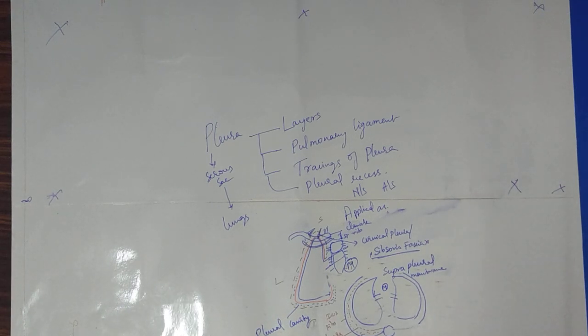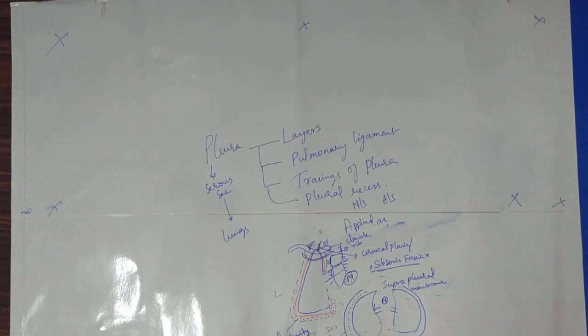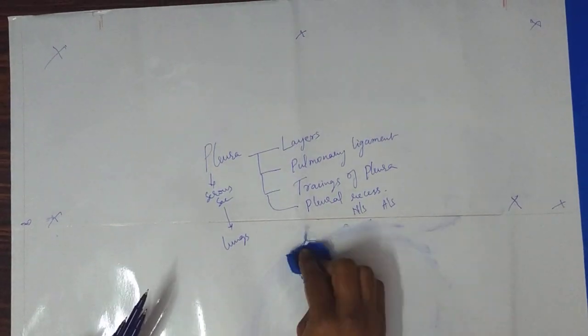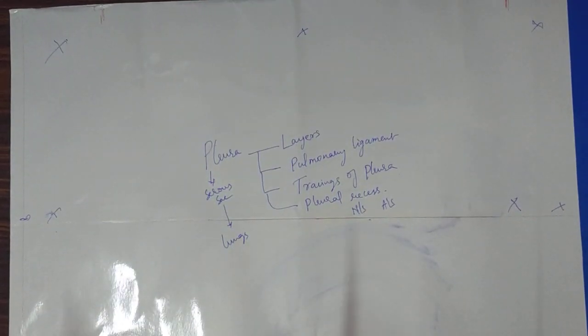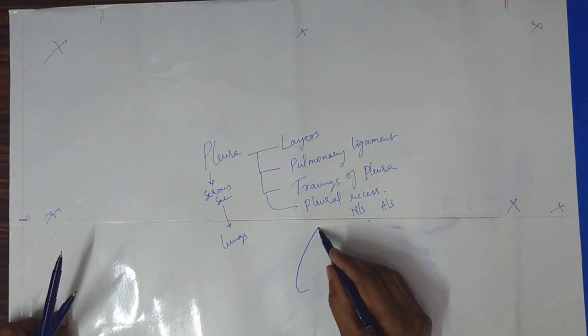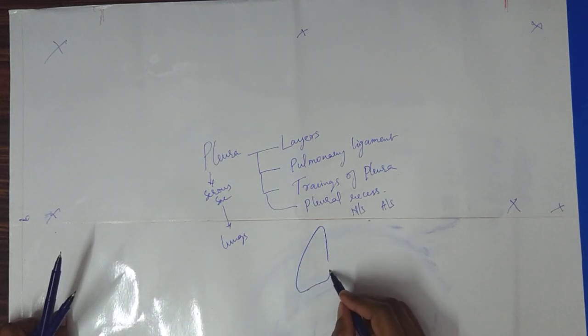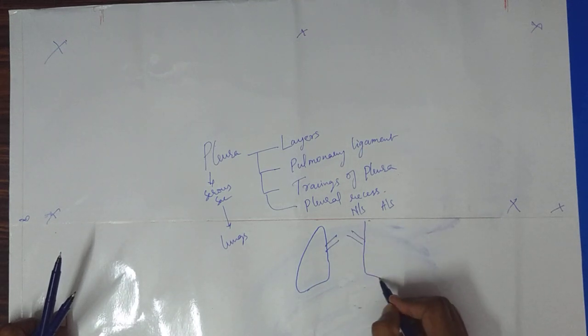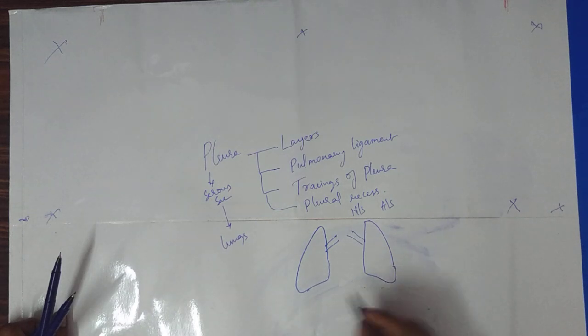The next thing, what's remaining? Cervical is over, mediastinal is over. The fourth one is the diaphragmatic pleura. For this we will see the inferior surface of the lung. This is your lung, and below this is the diaphragm.